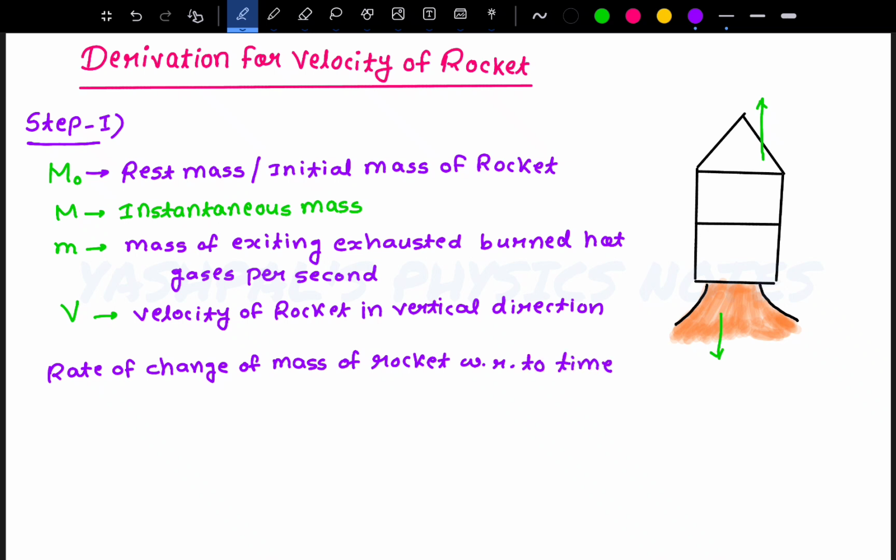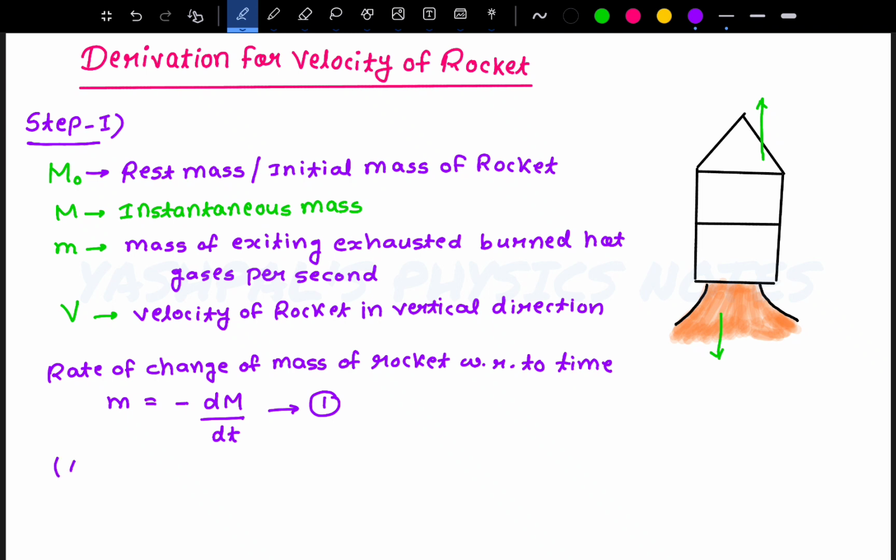Since rocket is moving, the fuel in it starts burning out. That's why the mass changes. So here I can write small m is equals to minus dm upon dt, and I will give this as equation number 1. Here minus sign shows the decreasing mass of the rocket.